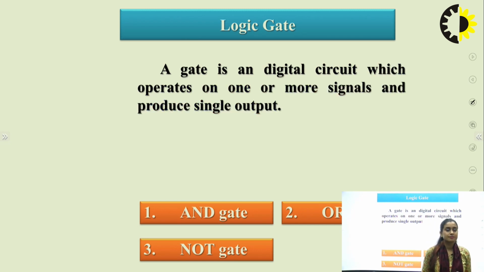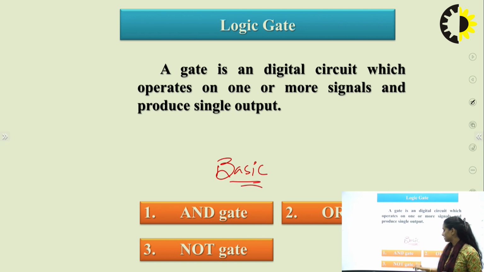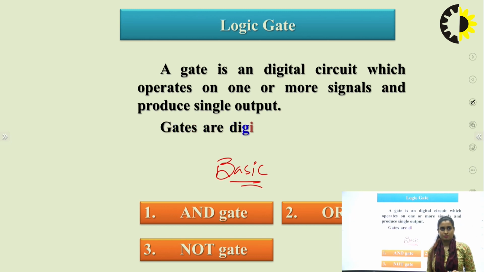What is a gate? You might have heard of the term logic gates. A logic gate is a digital circuit which operates on one or more signals to produce a single output. Although I have 7 logic gates, these 3 are my basic logic gates: AND, OR and NOT gate.